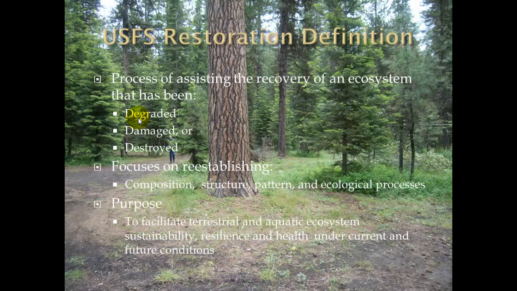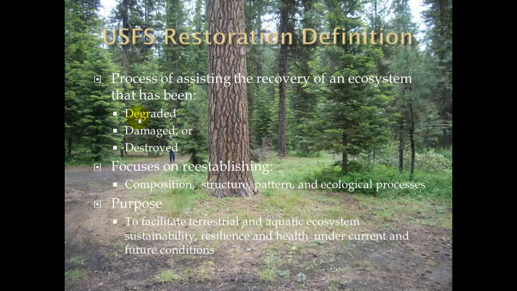So as we look at that 50,000 acre area, how do we best evaluate to what extent the area has been degraded, damaged, or destroyed? And then restoration treatments focus on reestablishing the composition, structure, the pattern across the landscape, and reestablishing ecological processes.